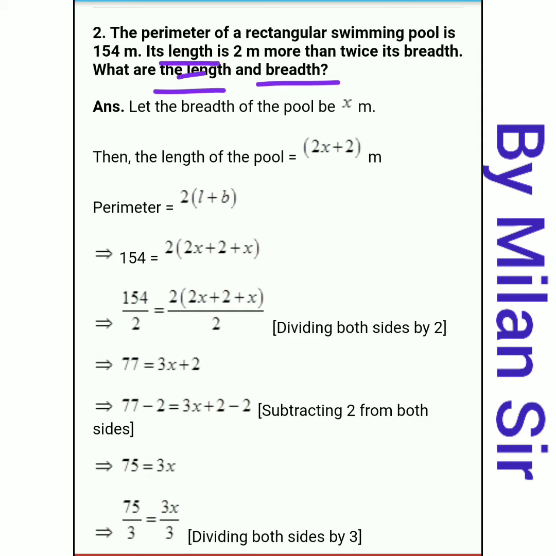That means here length depends on the breadth, because length is 2 meter more than twice its breadth. So length depends on the breadth, so we need to assume our breadth. Breadth is independent of length, but length is dependent on breadth.